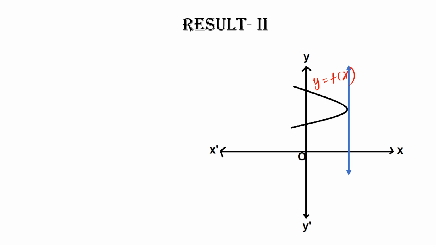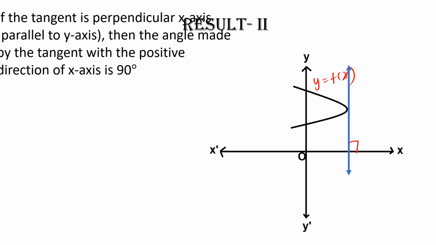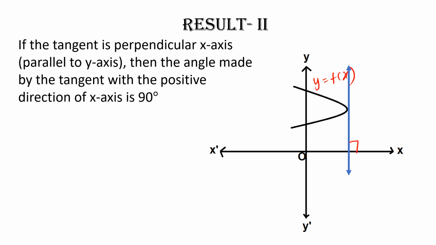If the tangent line is parallel to the y-axis, definitely it is perpendicular to the x-axis. Anyway, to find the slope of any line, we need the angle made by the line with the positive direction of x-axis. Since the line is parallel to the y-axis, it is perpendicular to the x-axis. Here the angle made by the line is 90 degrees.